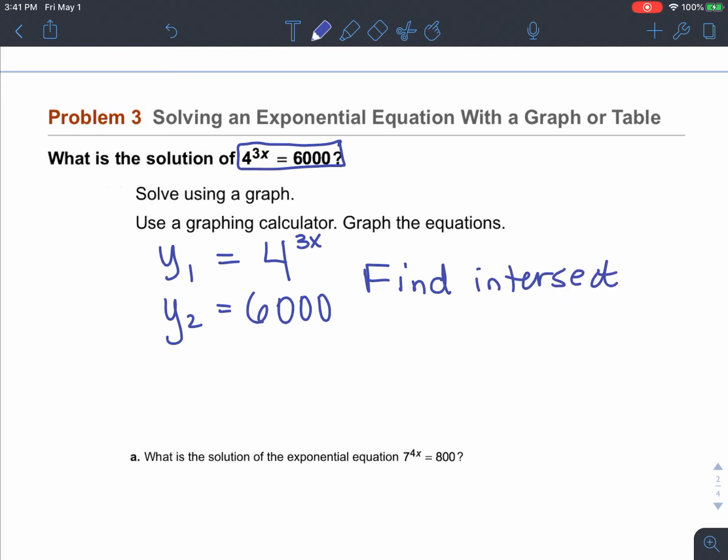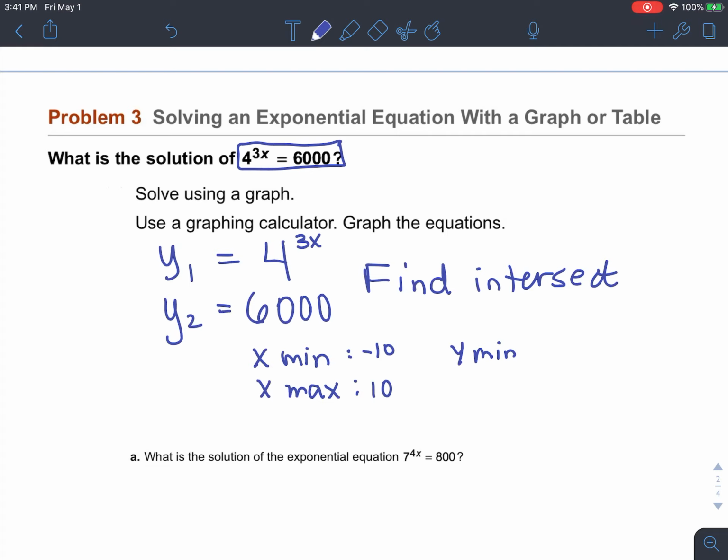The problem here is going to be your window. You can see that y2 is 6,000, so that's very high. X is in the exponent, so the x is probably not going to be very big at all. So for x min and x max, you're probably fine with -10 and +10.